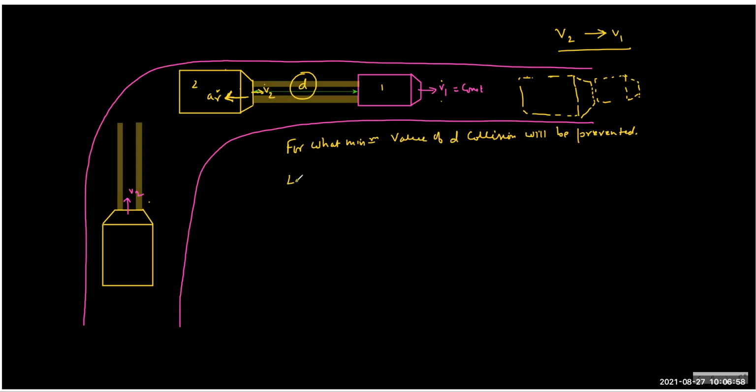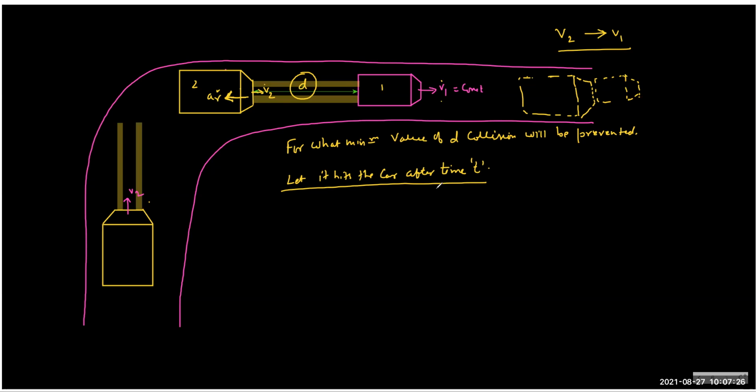Now, if you are hitting the car in time t, it means the distance traveled by the first car in time t plus d must be equal to the distance traveled by the second car, isn't it?